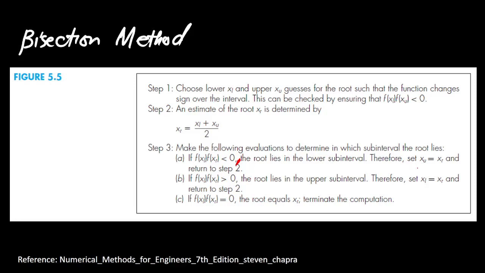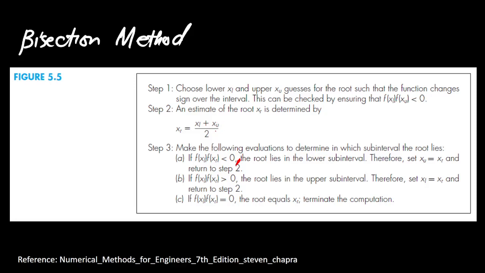So since you are replacing your x sub u or your x sub l, your upper and lower guesses, with the new calculated x, you are taking again the average of your x sub l and x sub u, knowing that one of them is already updated.